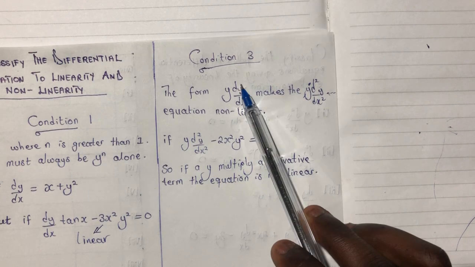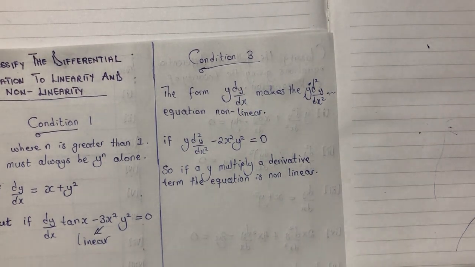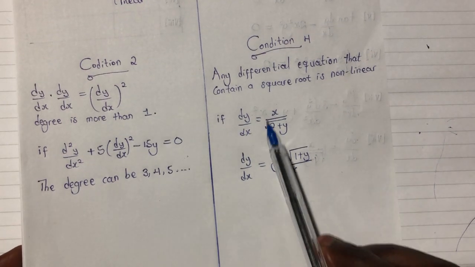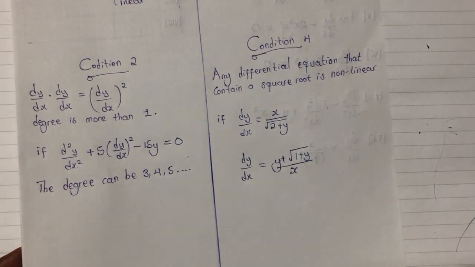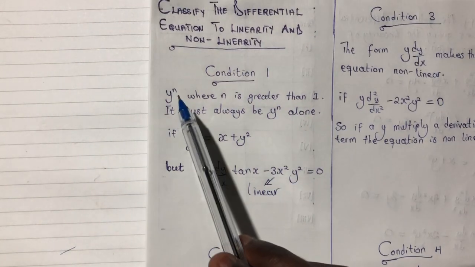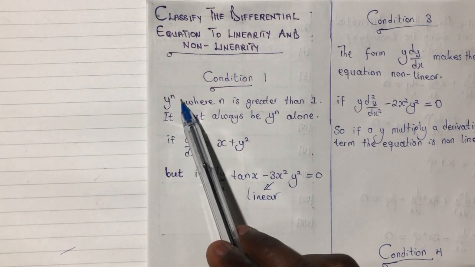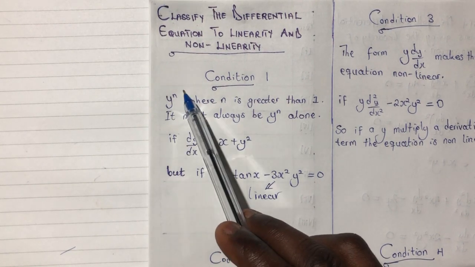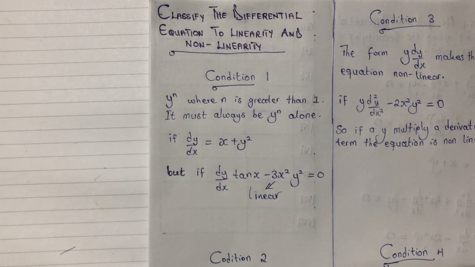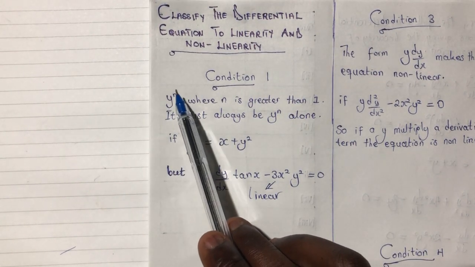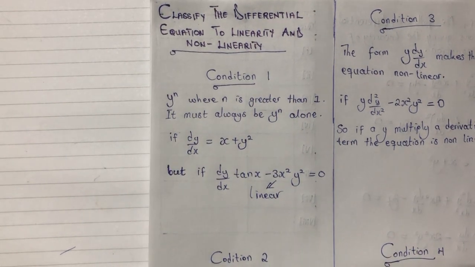So we have the first derivative, the second, it can be third, fourth, and fifth, and above. And then finally, any differential equation containing a square root is nonlinear. We should also remember that for condition 1, it must always be y raised to the power n. For instance, if we see x raised to the power n, that equation does not qualify for this condition. The condition must be y raised to the power n. So you must not forget that.